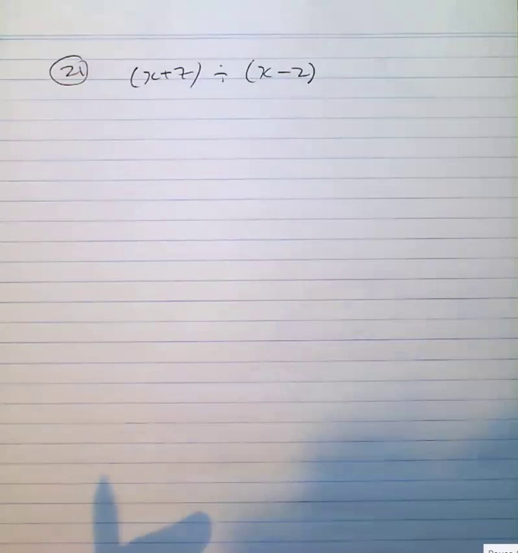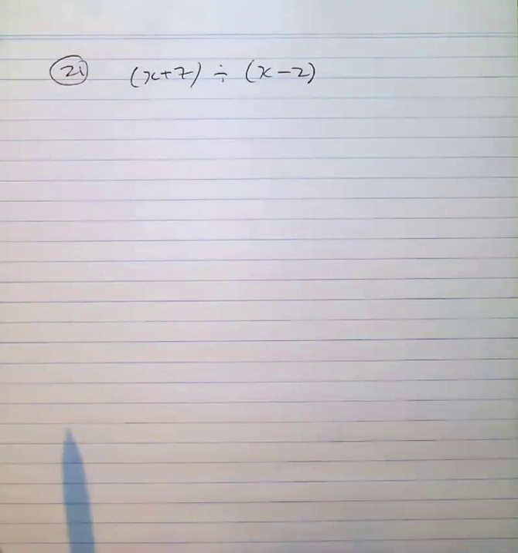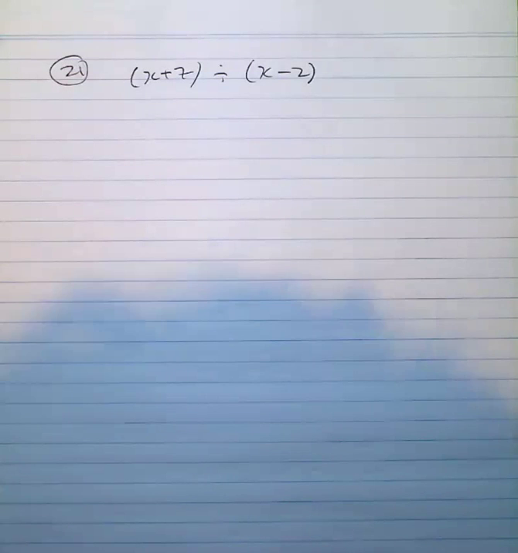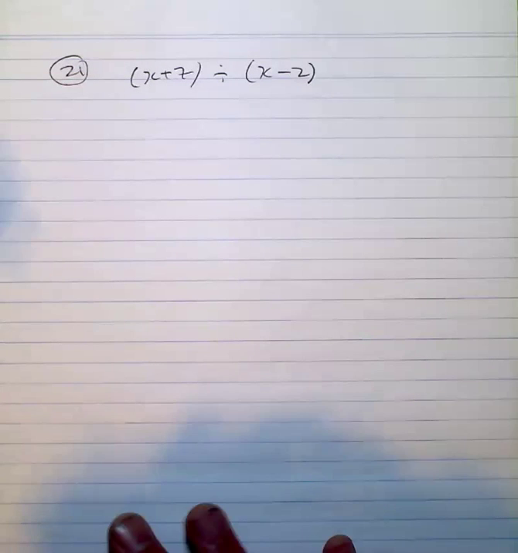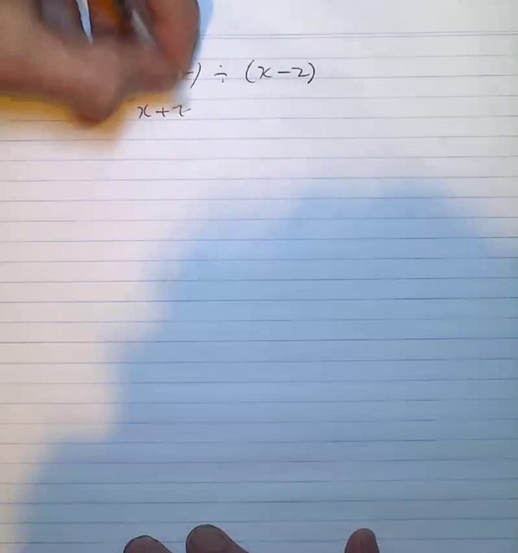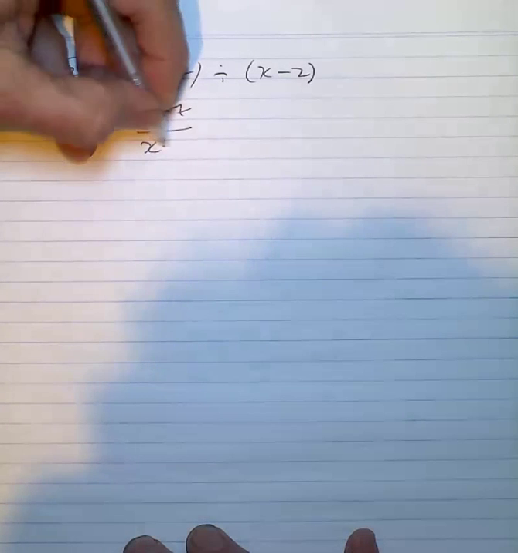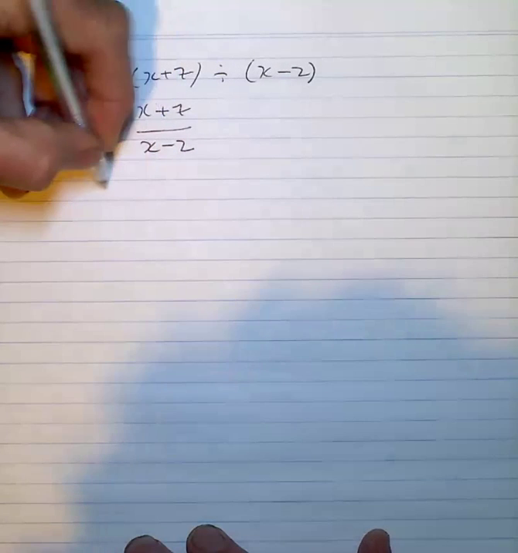And 21, we're going to do these via a mixture of inspection and long division, with questions C through F requiring long division. Now I'll only demonstrate through to E. In the first instance, I can rewrite this as x plus 7 divided by x take 2.